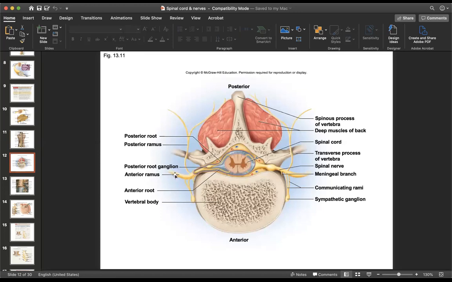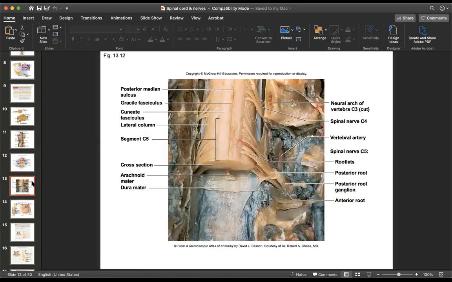That's why it's thicker too. I mean, you think there's probably a lot more axons in this anterior ramus than in the posterior ramus, or dorsal ramus, whatever. I always know it as ventral and dorsal, but you see some textbooks that use different terminology.